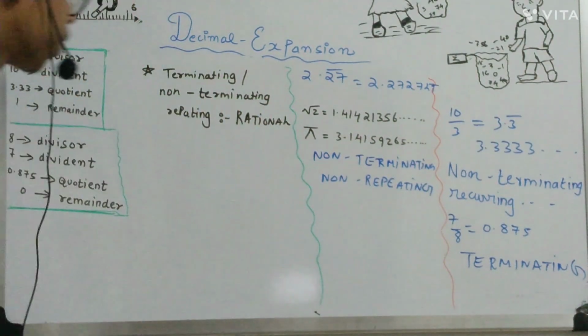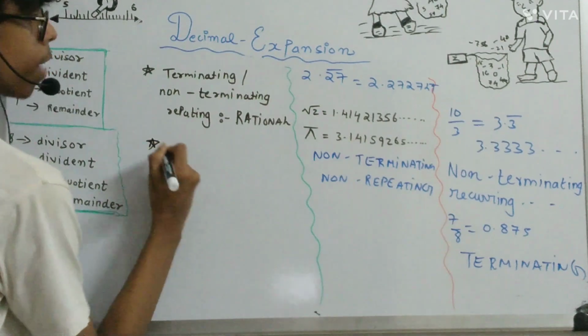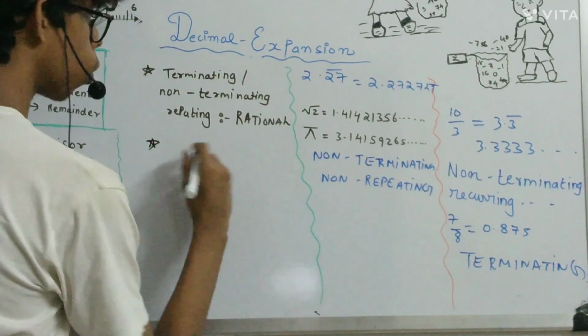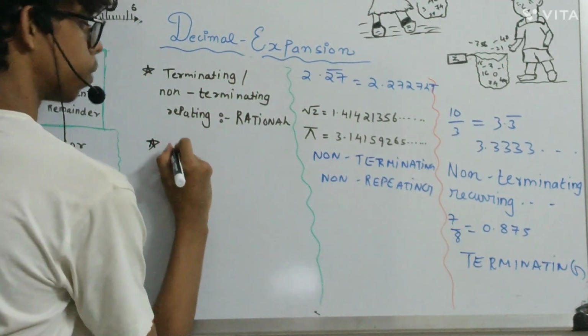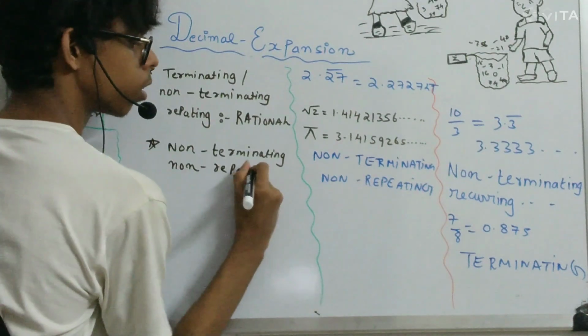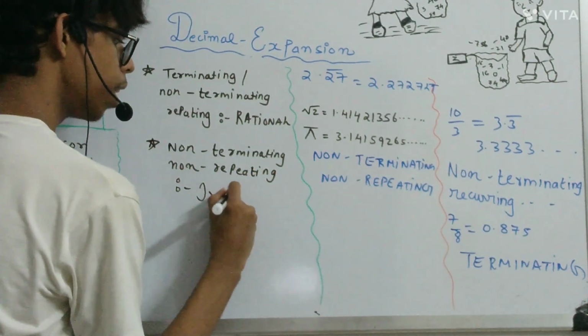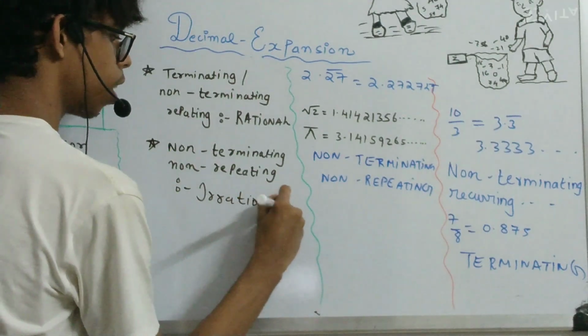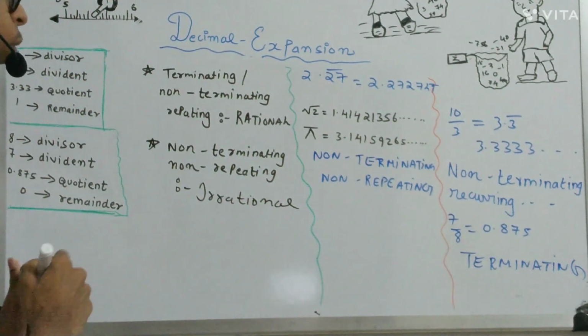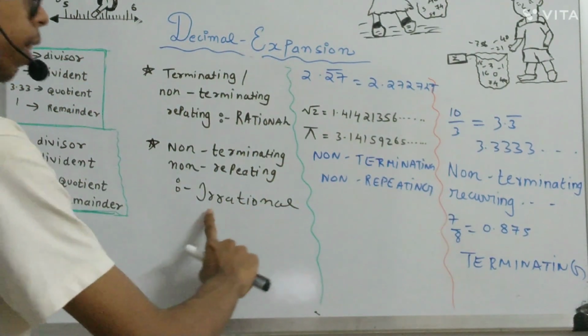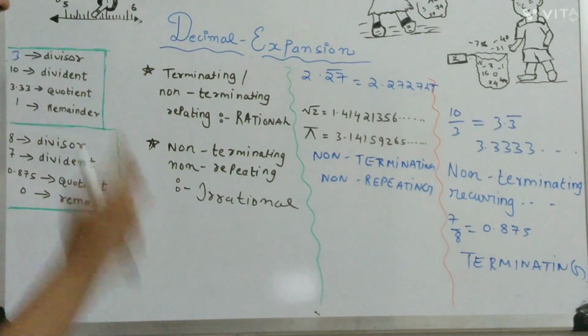So similarly, if the decimal expansion is non-terminating, non-repeating, it will be irrational. If it is non-terminating, non-repeating, then definitely it will be an irrational number.